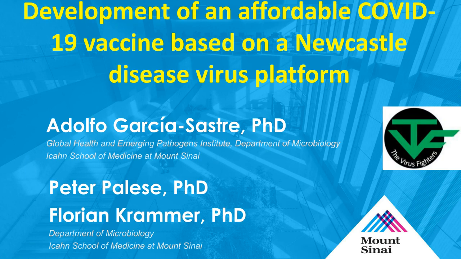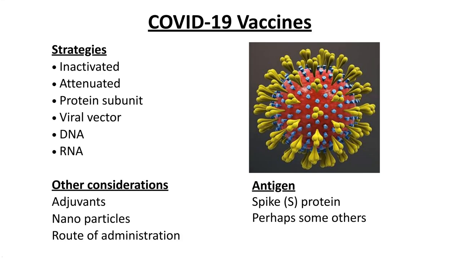All right, so first, what I'm showing now are some of the strategies that have been used, and some of them are still in development, for COVID-19 vaccination. This includes the use of inactivated viruses. In fact, there are some vaccines manufactured in China and used in different countries that use an inactivated SARS-CoV-2 to induce immunity against SARS-CoV-2.